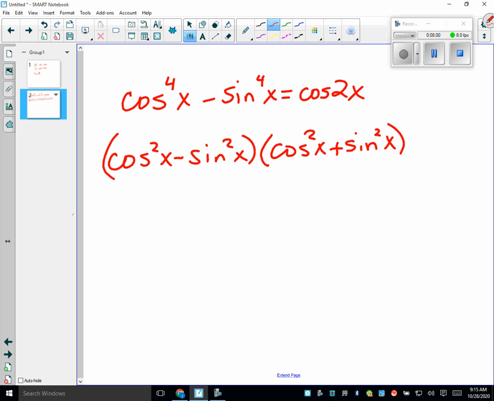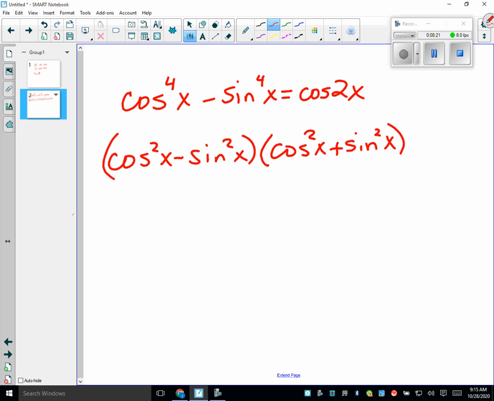Cosine squared x minus sine squared x, 2 cosine squared x minus 1, 1 minus 2 sine squared x. Is cosine squared minus sine squared? Do we have a cosine squared minus sine squared? Yeah. So I have something I need.